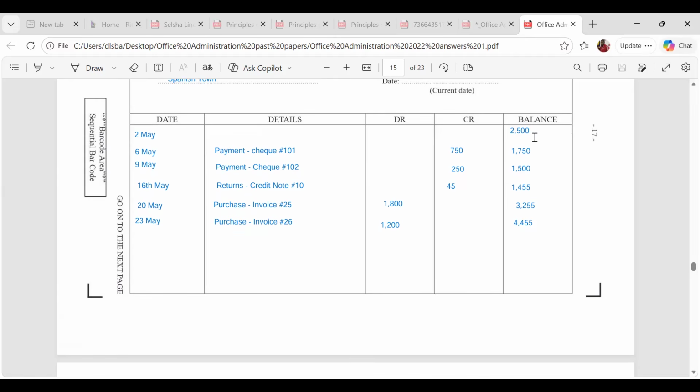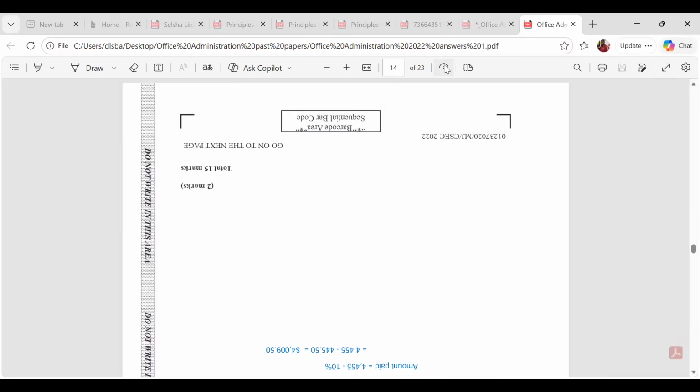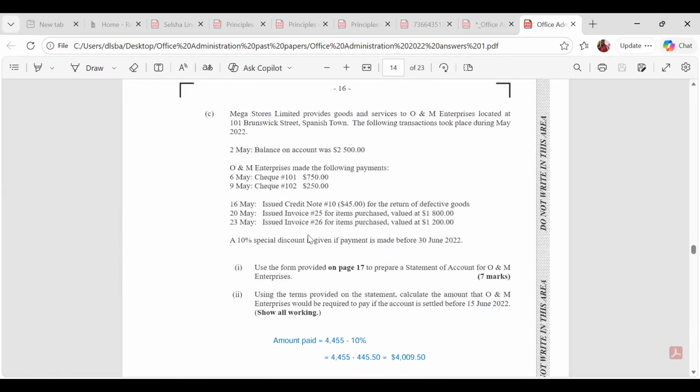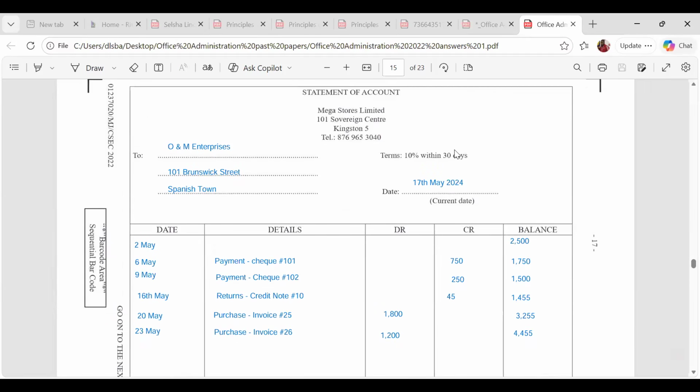It started at 2,500. Then the customer would have paid two checks to reduce the balance, and they would have returned the good to reduce the balance even more. But then they purchased two things on credit. They had the invoice they received for items purchased for 1,800, and another invoice for items purchased for 1,200. That's $3,000 in items that they purchased that they owe for.